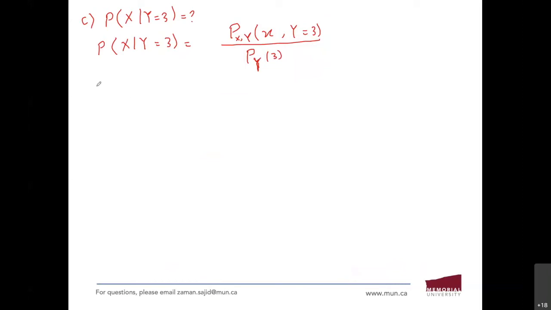Now in terms of our X values, we have the conditional probability of X given Y, when your X is 70 and your Y value is 3.